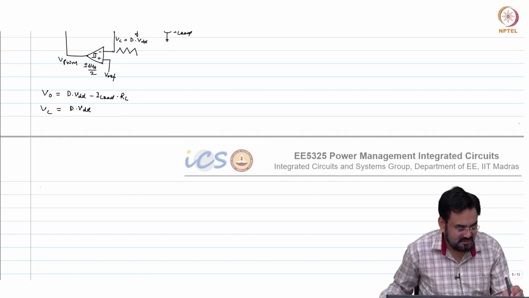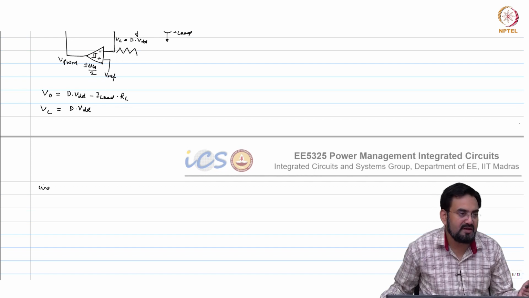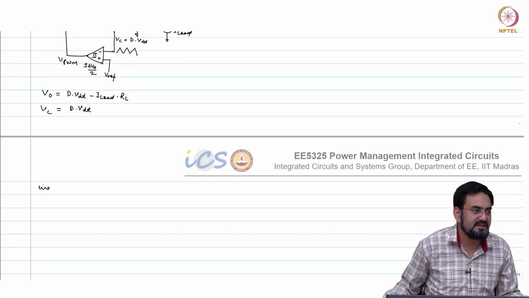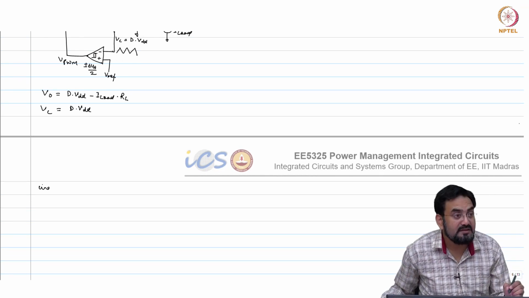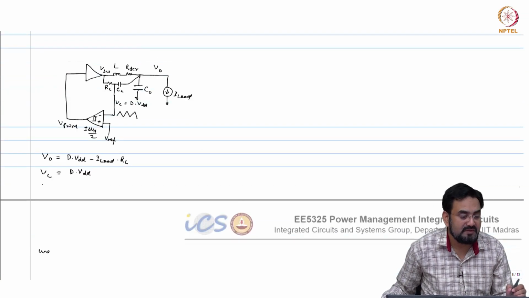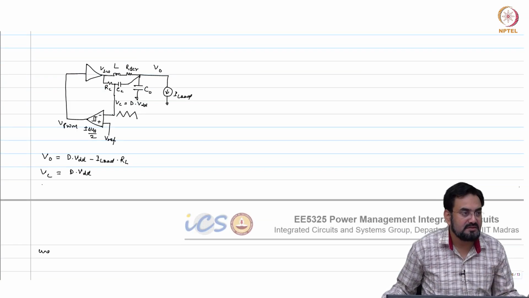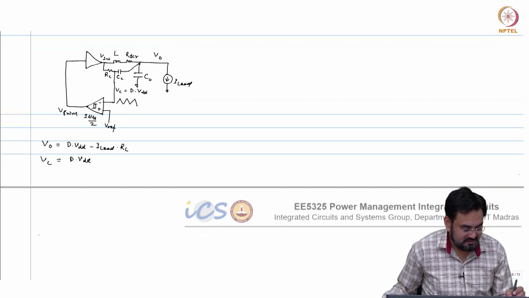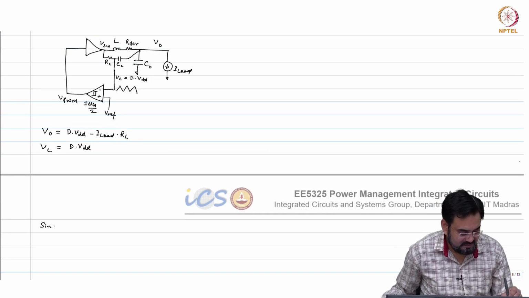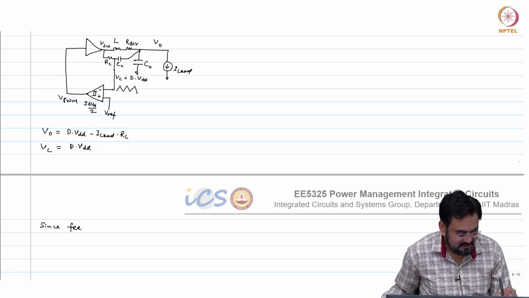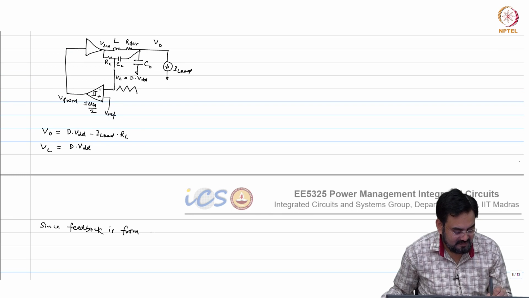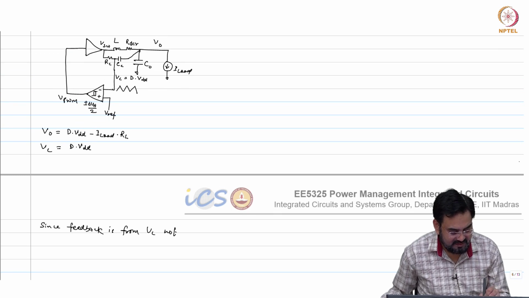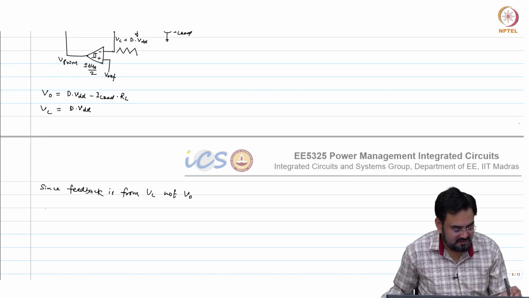Which means, and what are we regulating? V out or VC here? We are not regulating V out in this case. We are regulating VC, since feedback is from VC, not V out.